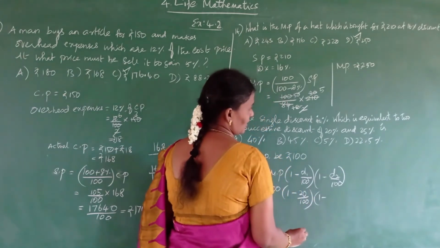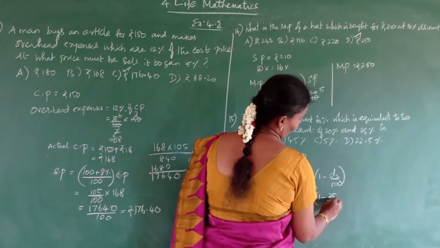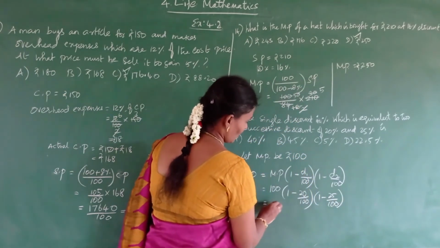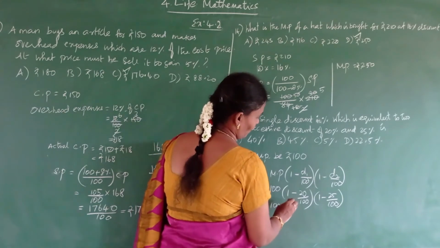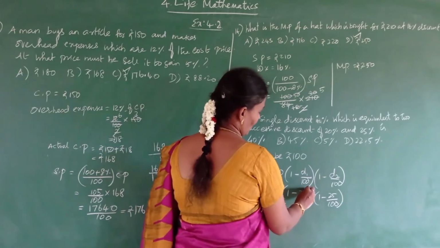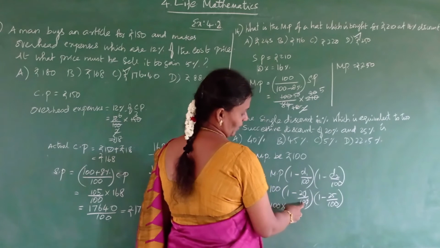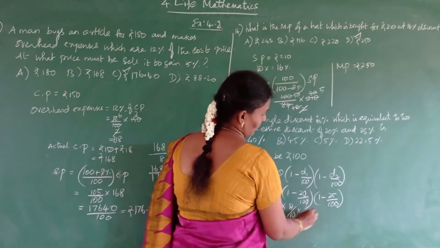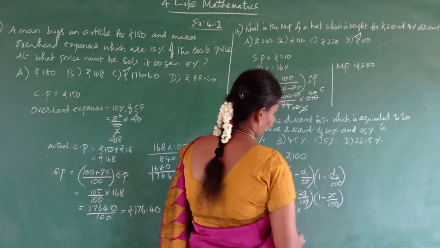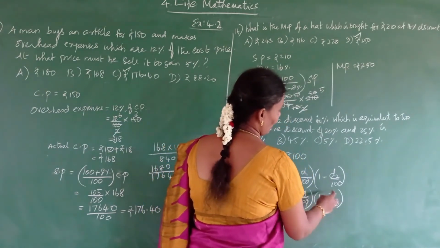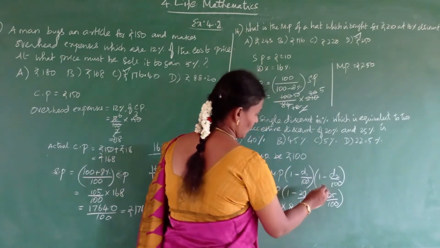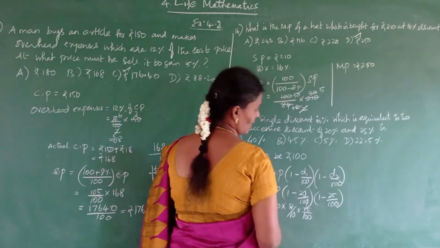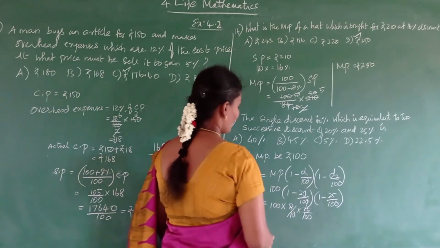Then 1 minus 25 by 100. This is equal to 100 multiplied by... here, see, 10 and 10 cancel. So 10 minus 2 is 8, 8 by 10. Here 100 minus 25 is 75, 75 by 100.